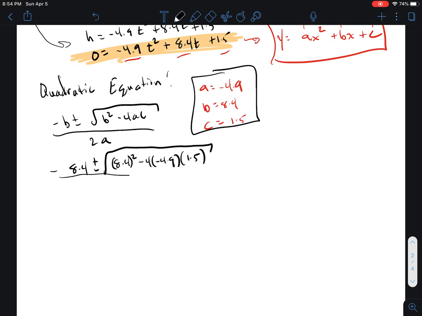Okay, and then all of that is divided by 2 times negative 4.9. And there's a reason why you don't want to do this. You prefer to factor. Although this will work every single time, you don't want to do this every single time. You only want to do this in the circumstances in which you're stuck.